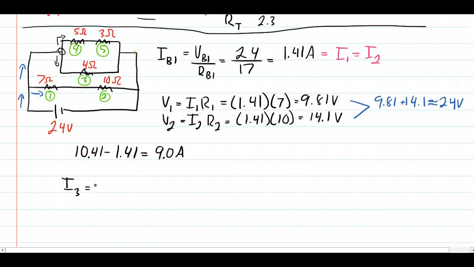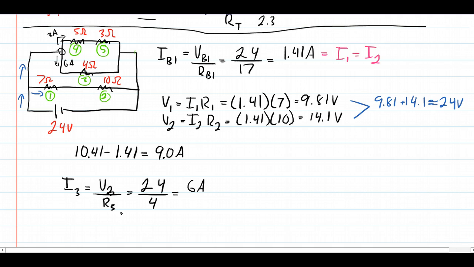So I can use this to solve for the current through resistor 3. So the current in resistor 3 will equal the voltage drop of resistor 3 divided by the resistance of resistor 3. So my voltage drop is 24 volts and the resistance is 4, giving me a total current of 6 amps through that resistor. So now that I know that 6 amps go down this way, that means the remainder of my 9 amps have to go through the top branch.